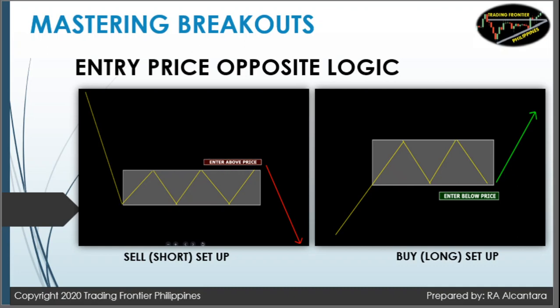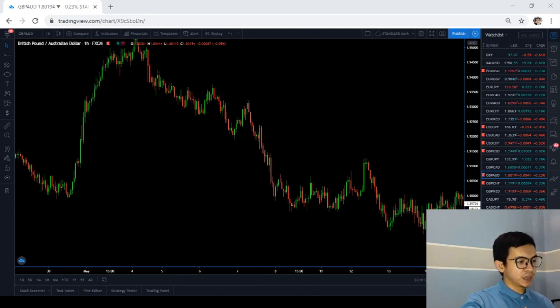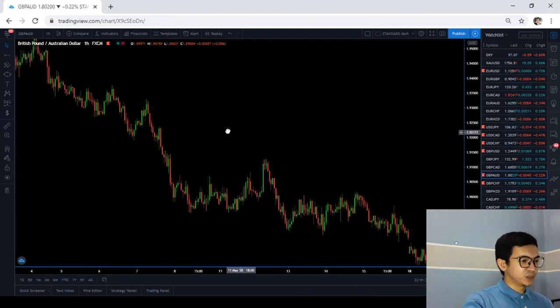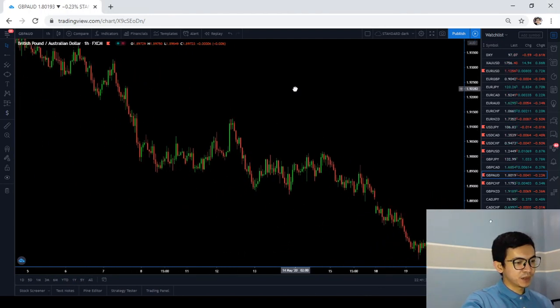So, nakikita nyo naman sa charts na, it may not be instant, di ba? Hindi man agad-agad na nag-react doon yung price. But then again, as I've said, hindi ko naman to ituturo sa inyo or i-share. Again, this is not a strategy. This is just a trick, okay, for better entry. So, hindi ko naman i-share sa inyo kung hindi ko tinry sa sarili ko. Di ba?